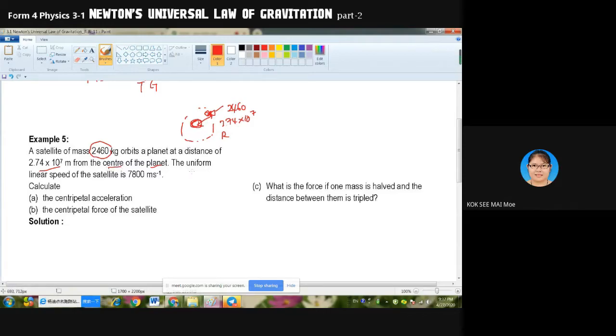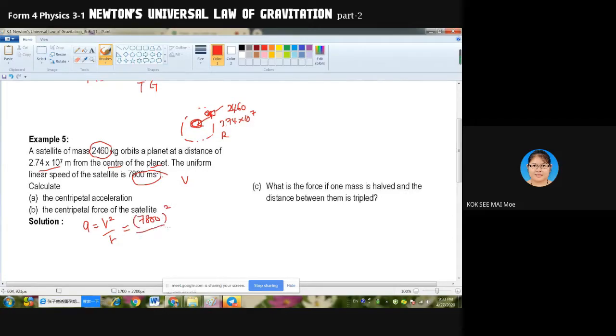Now the uniform linear speed. They give you the speed. The first question asks for the centripetal acceleration. You want to find a. The formula is a equals v squared over r. So we just apply it. v squared is 7800, remember to square it.